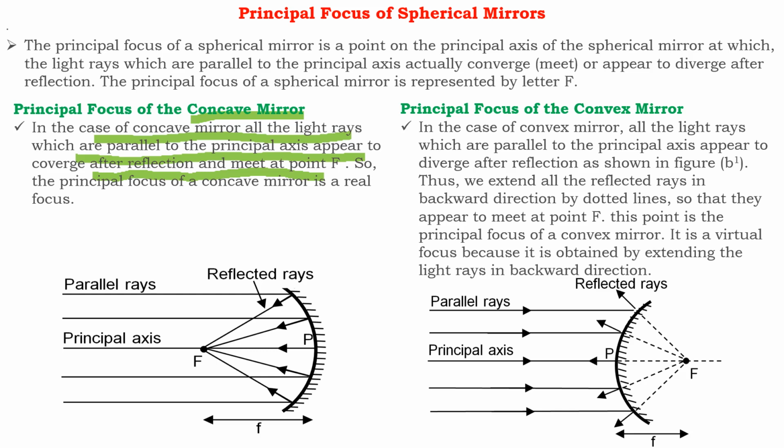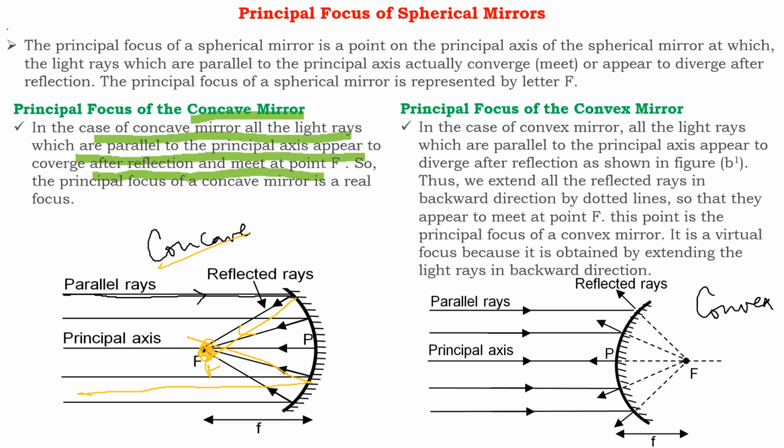This is your concave mirror, as you can see, and this is your convex mirror. So the light which is parallel to the principal axis, this is your incident light. Then what happens after reflection? They come and meet at a particular point. Again, this is parallel to the principal axis. After reflection, all of them come and meet at a particular point. That point is called the focus. So now here, since this is a concave mirror, they are meeting at a point.